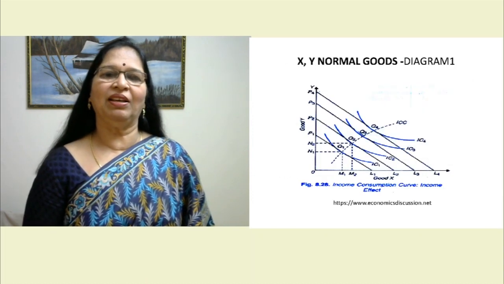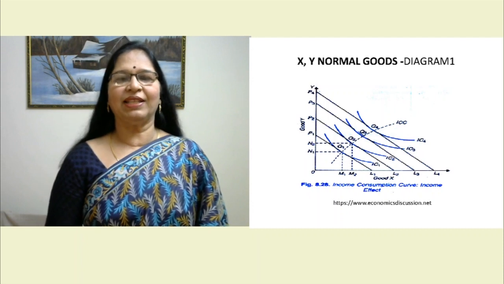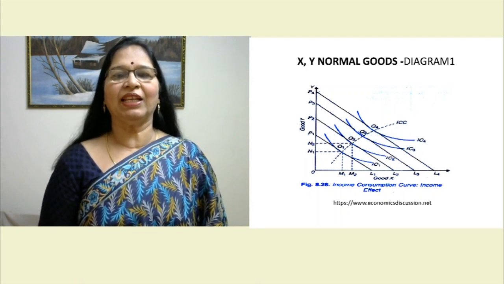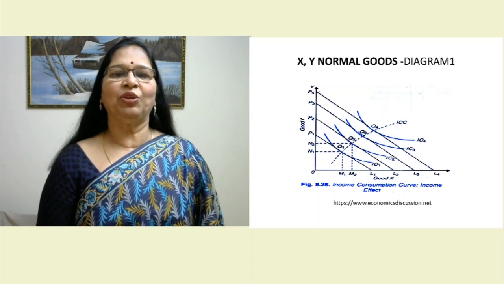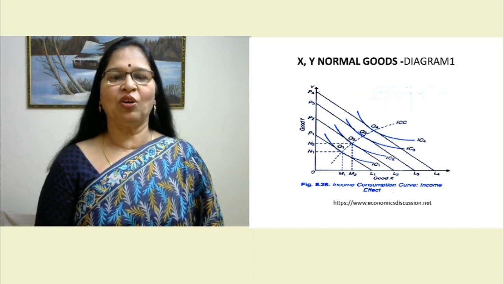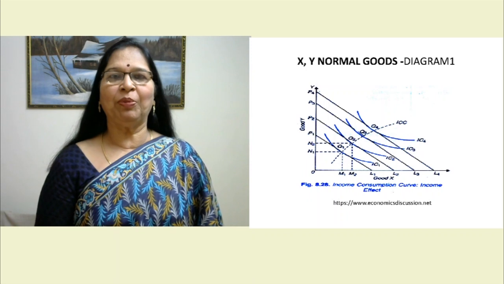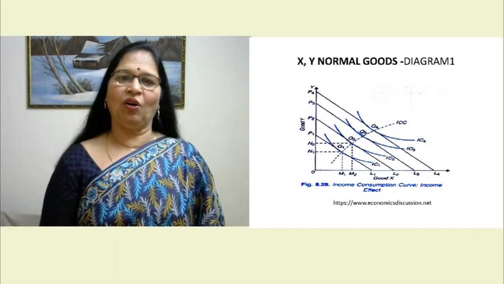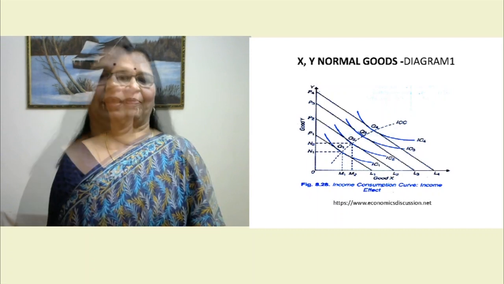So that's normal goods. Both X and Y are normal goods. You can see each time the budget line has moved to the right, and you also see that the consumer has got new points of equilibrium using the indifference curve, which connected gives what is called the income consumption curve.